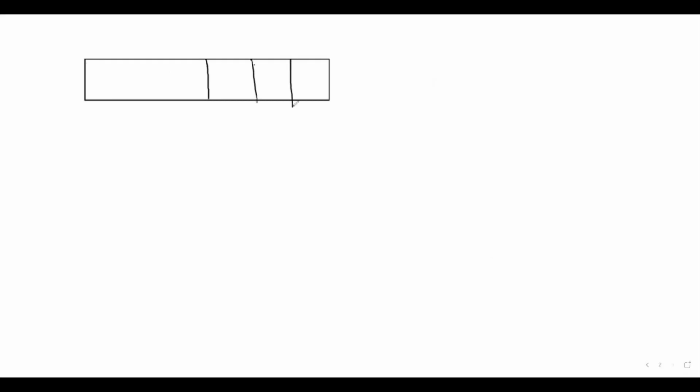I'm sure from your lower secondary you still remember this table, the values of each digit in the specific position before and after the decimal point. So let's say this is my decimal point. On the left we have the units, here we have the tens, and here we have the hundreds.